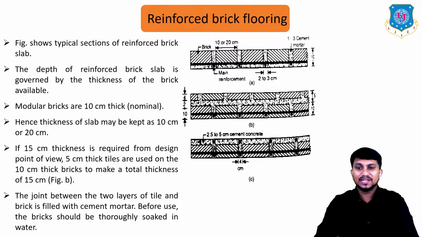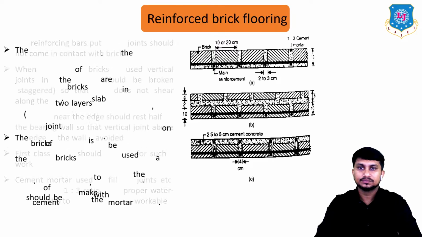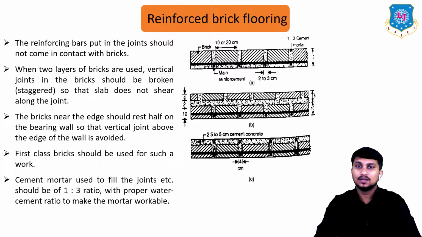Before use, the bricks should be thoroughly soaked in water. The reinforcing bar put in joints should not come in contact with bricks. When two layers of bricks are used, vertical joints in the bricks should be broken, or you can say staggered, so that the slab does not shear along the joint.